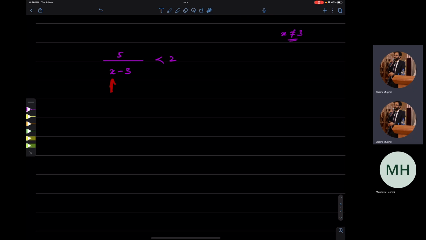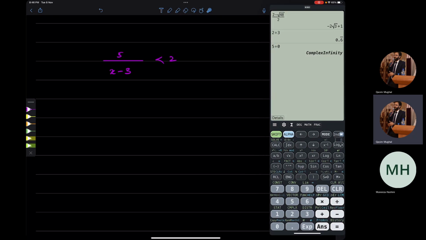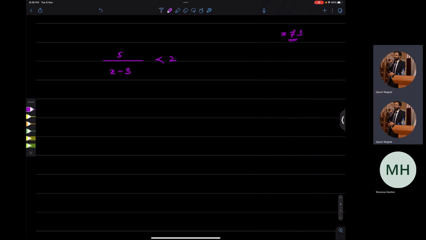Why? Because if you put x as 3, then we have 0 in the denominator, which is not very nice. Having 0 in the denominator is undefined. Okay? Yes, sir. Now we need to solve this.